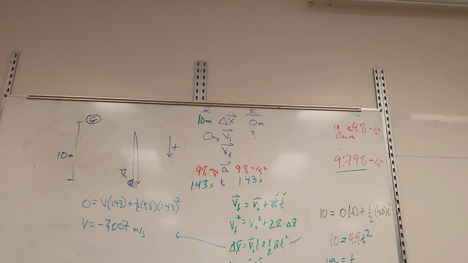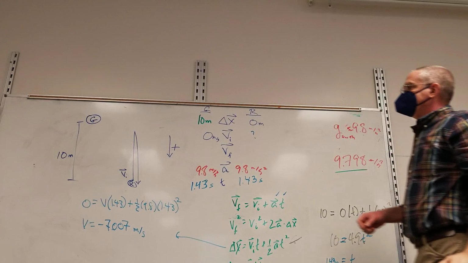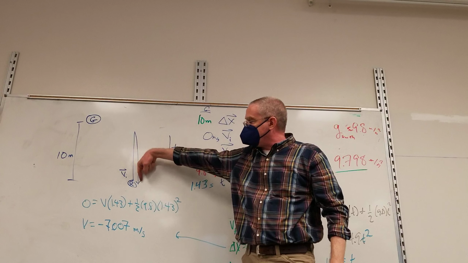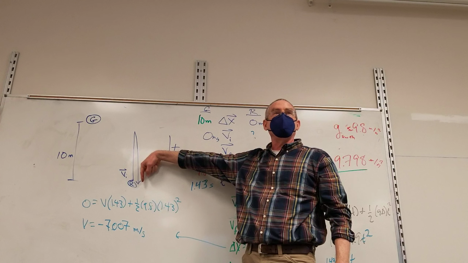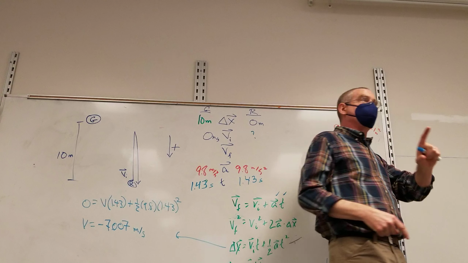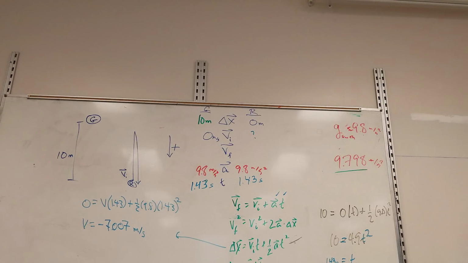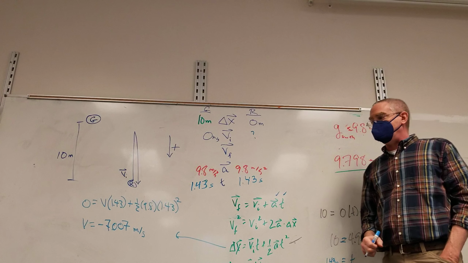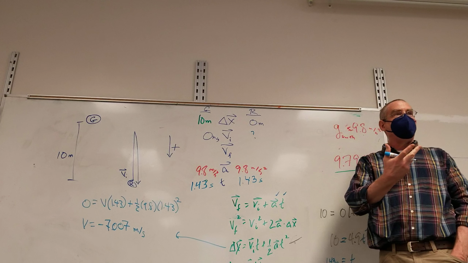So that's the answer. The other trick on this one is when an object is shot up, in the absence of air resistance, once it's in the air, the speed of the object is the same at the same height. So whatever the speed is when it's shot up has to be the same speed as when it's falling at that point, right at the end. The velocities are different because directions are different, but the speeds are the same. So whatever V is, VF is the negative of that.